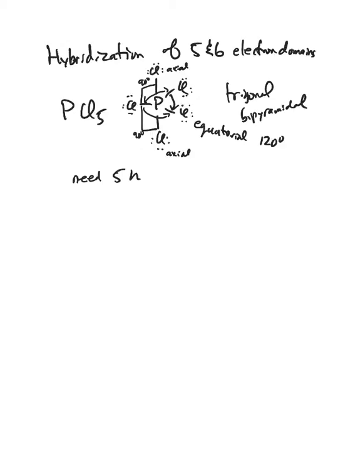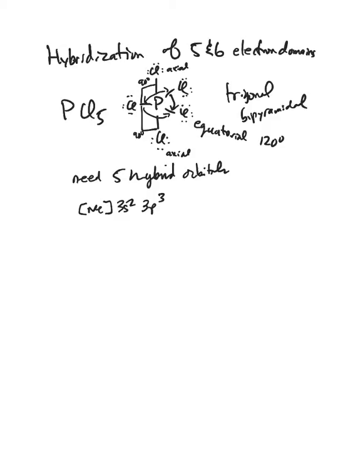We need 5 hybrid orbitals. So phosphorus is in the P block, and it's got a neon core, 3s2, 3p3.